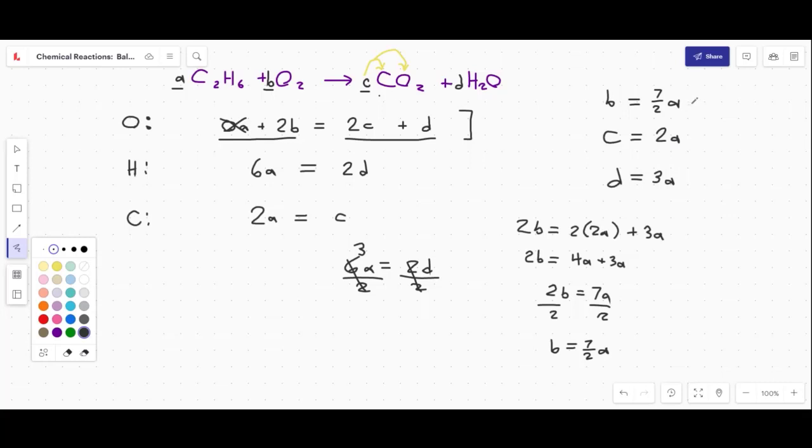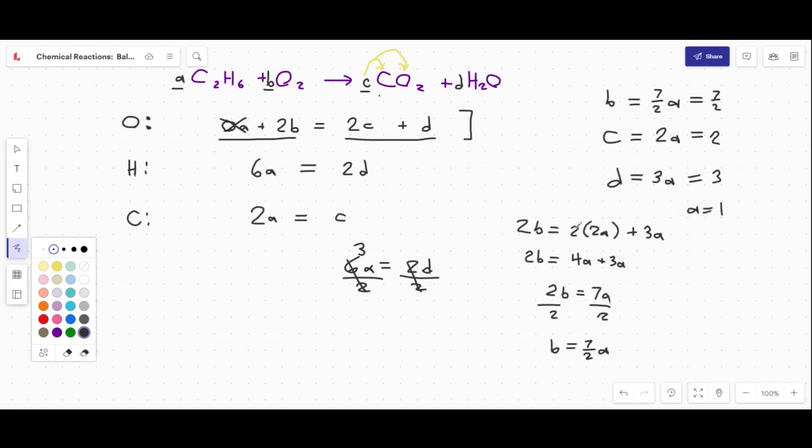Since we've already solved for A, that means if I plug in 1 for A, 7/2 times 1 is just going to be 7/2. 2 times 1 is going to be 2. 3 times 1 is going to be 3. And A, of course, is going to be equal to 1.